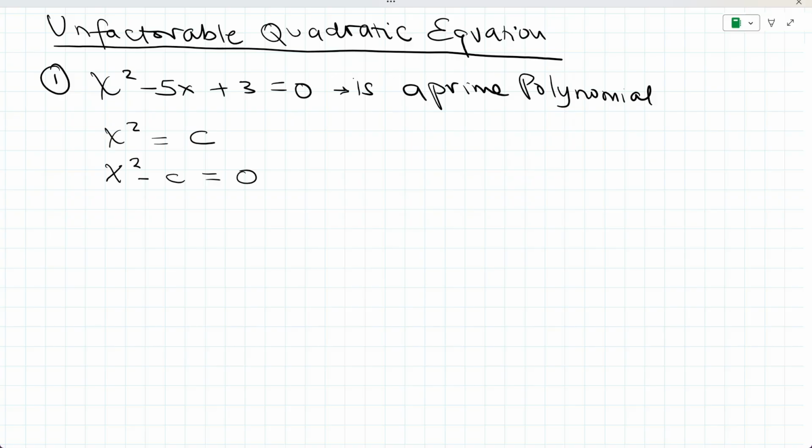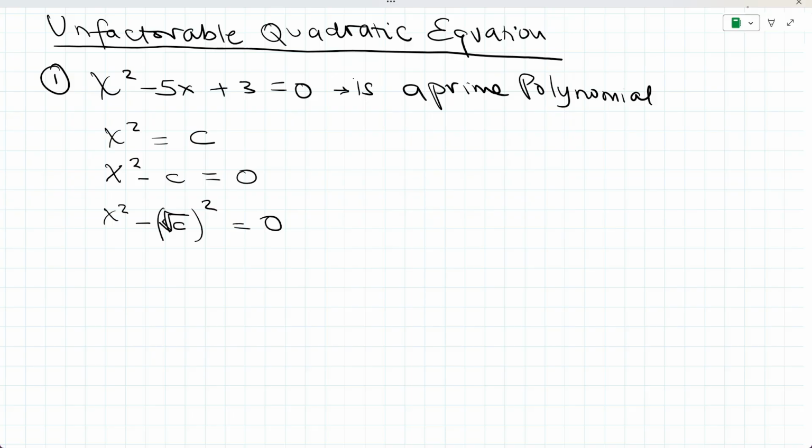Now, you remember we had an expression like the difference of squares. If we are to treat the left-hand side as a difference of squares, then we would have x squared minus root c squared, and this would equal 0.